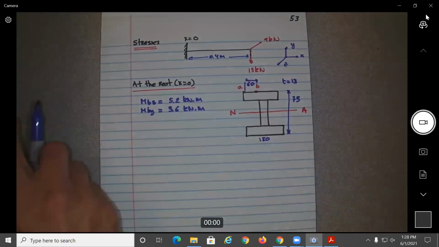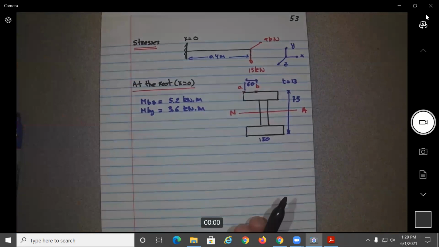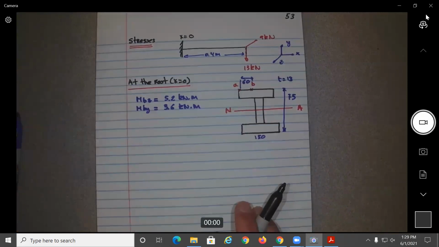So let's first do both points at the same time.